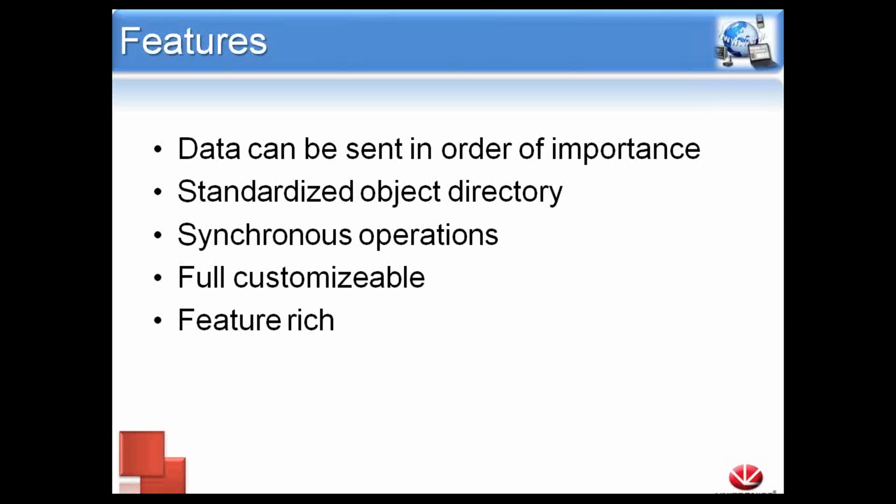This is all taken care of on the device side. This isn't something we actually have to code in ladder. This is something taken care of on the device and all automated. There is a standardized object directory with each CANOpen device. It's commonly found in what's called an EDS file. We'll take a look at one of those in a second. This is going to have all the information you need to work with the device. It's going to have all the addressing information for you.